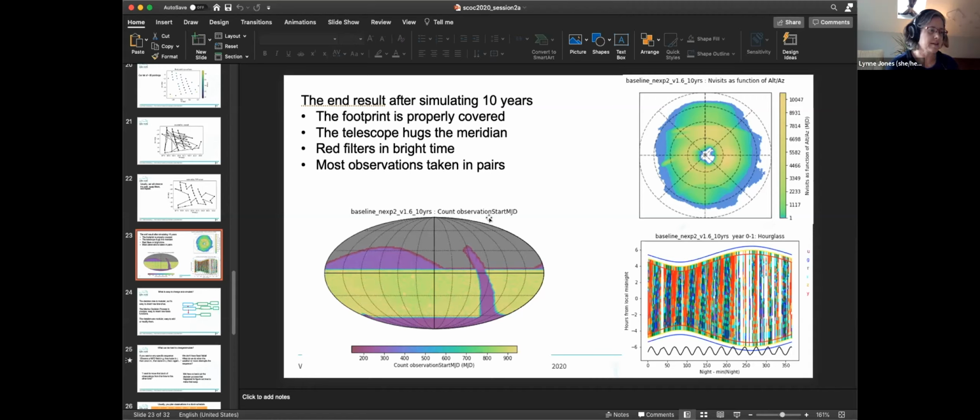There was a comment in Slack or in Zoom that the galactic plane area gets fewer visits, and so they get fewer visits in year 1 and 10, which is true because they get fewer visits overall. But you could think of the initial survey strategy as: in year 1 and 10 we try to take what would have been 1/10 of the visits for the whole survey and do those visits in year 1 and 10.